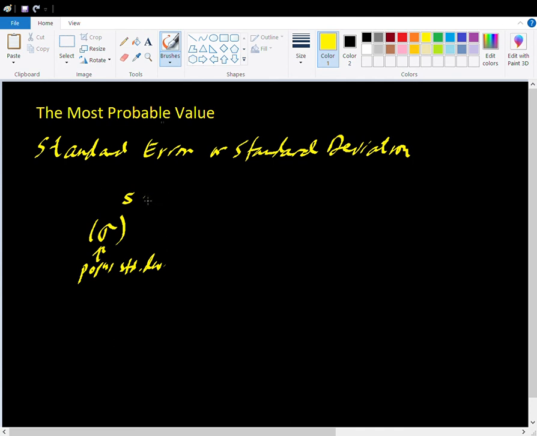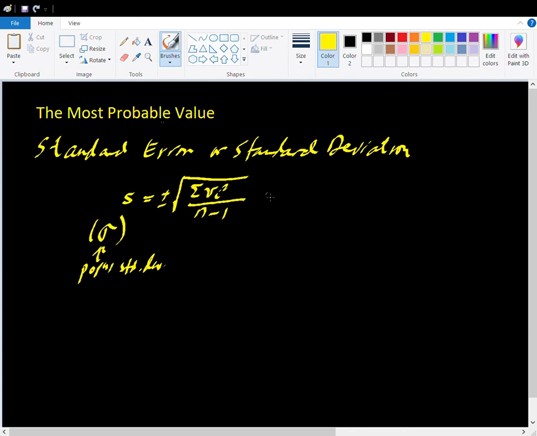And the standard deviation is calculated using the formula plus minus the square root of the summation of all the residuals squared divided by n minus 1.